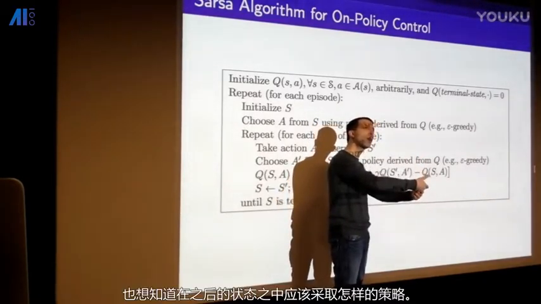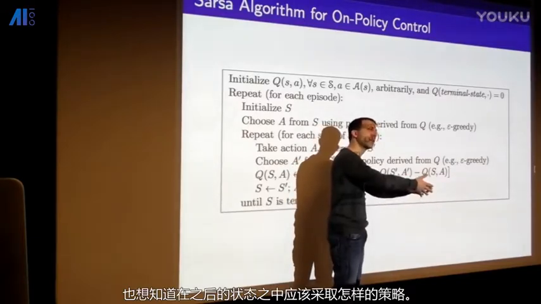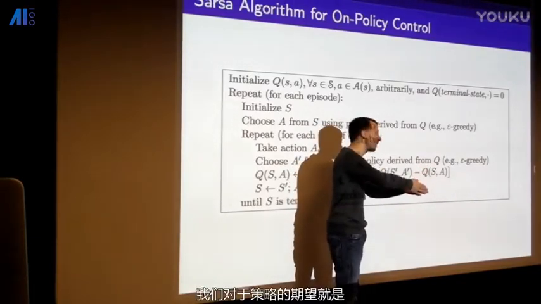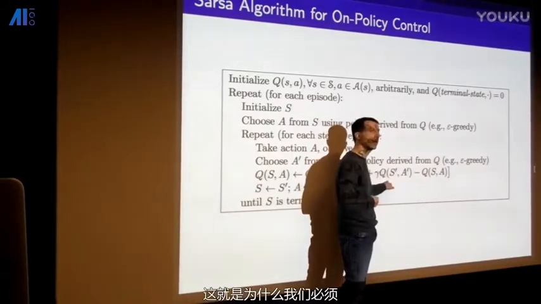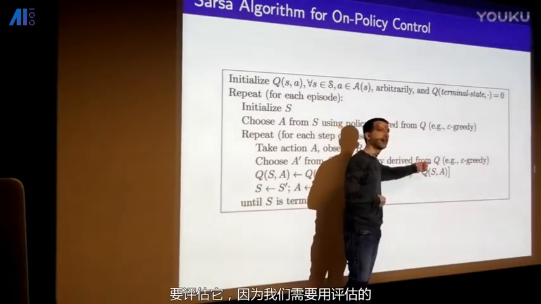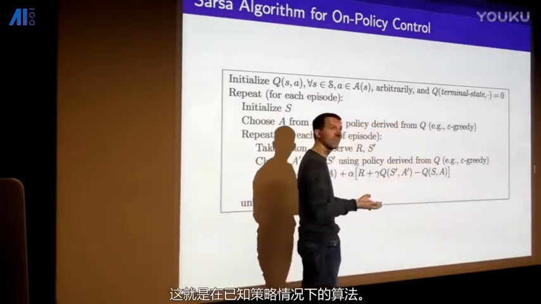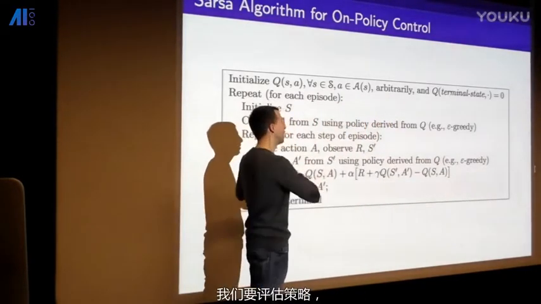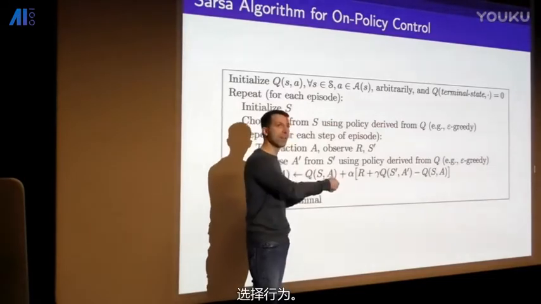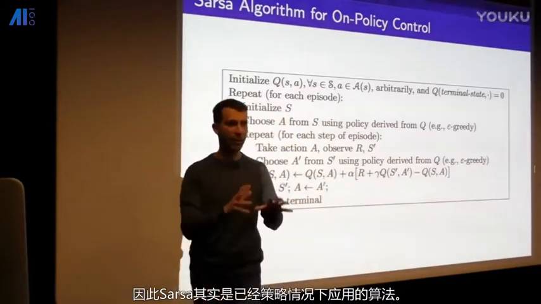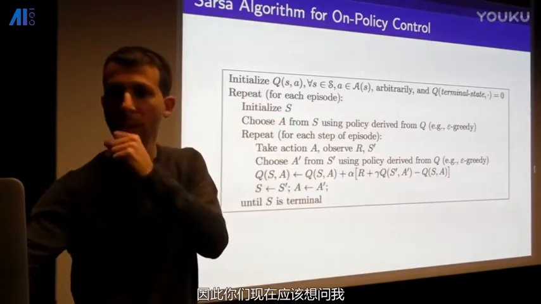We want the expectation under our own policy from that state onwards. And that expectation under our own policy is precisely what we're trying to evaluate with Q. So that's why it has to be evaluated. We have to select actions using the policy that we're trying to evaluate. This is an on-policy algorithm, fundamentally on-policy. We're selecting actions and we're evaluating that policy. So SARSA is an on-policy algorithm. Okay.